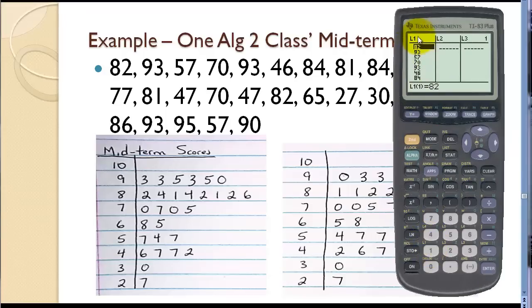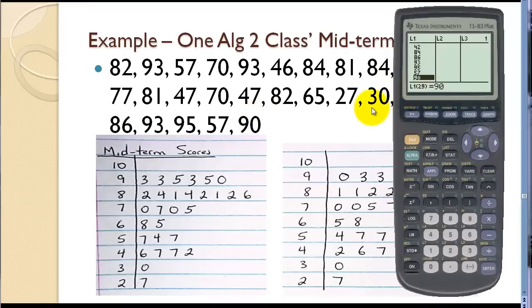And we want to enter our data into list 1. Now to save time in the video, I've already keyed in the 29 numbers for our data. So if we scroll to the bottom, we will see that there are 29 numbers in our list 1. So the last item here was 90.